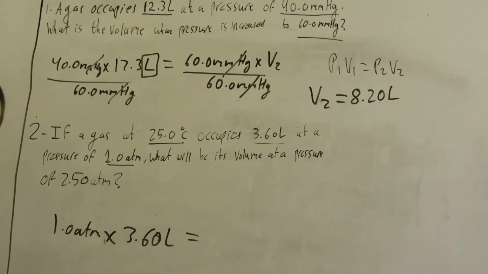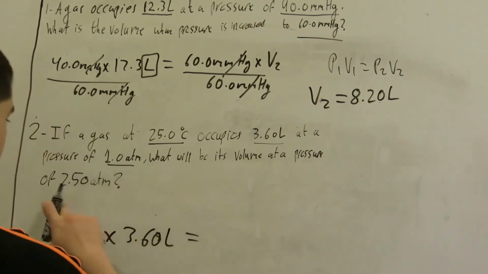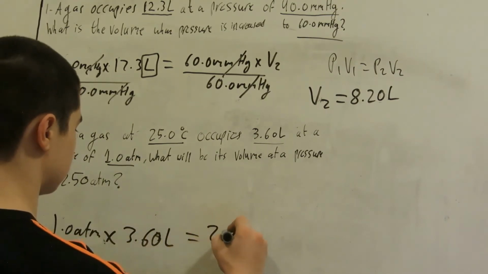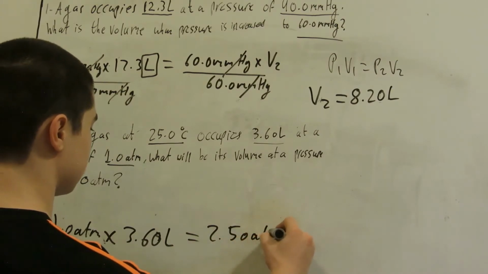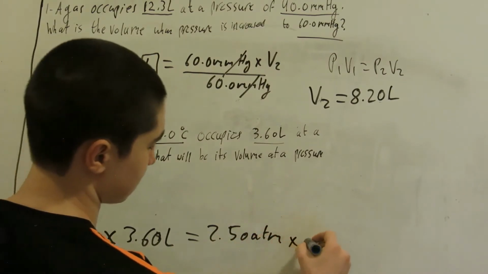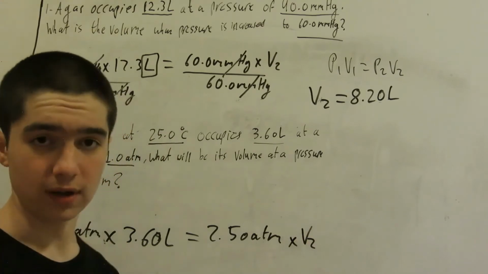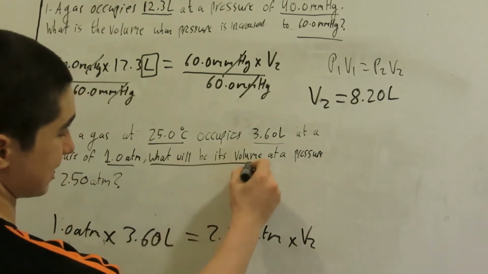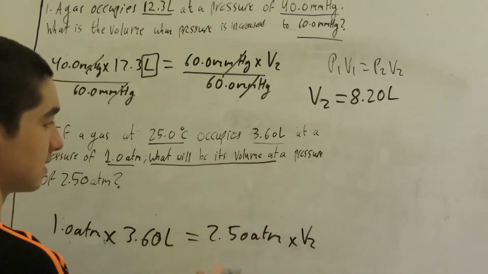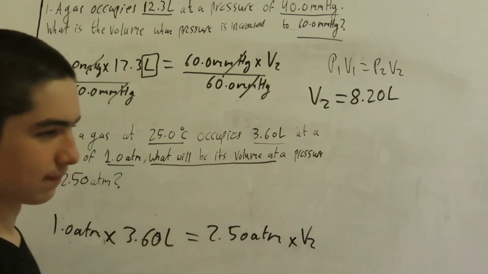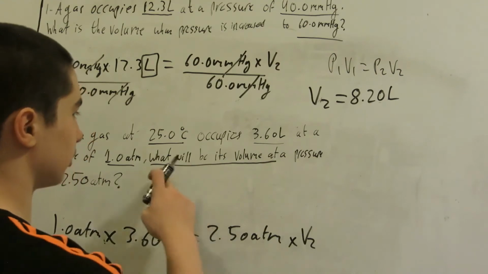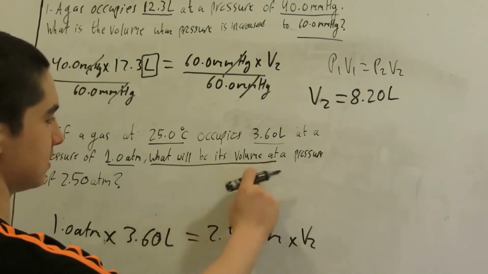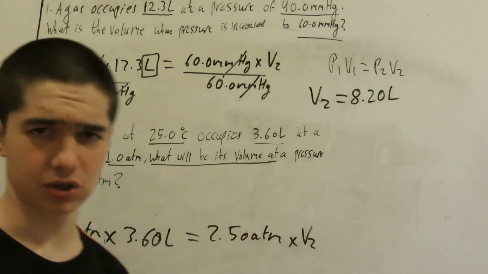So we're missing V2. At a pressure of 2.50 atm, so we write down 2.50 atm. So we multiply that by V2, the unknown. Whenever they say what will be its volume, that means what is the new volume, or V2. And if they say what will be its pressure, that means they're searching for pressure. A simple way just to understand it.